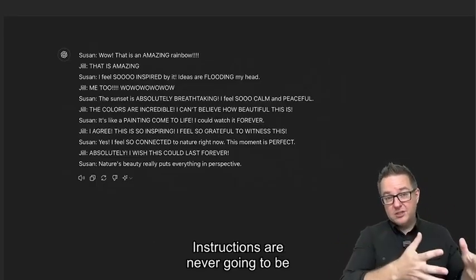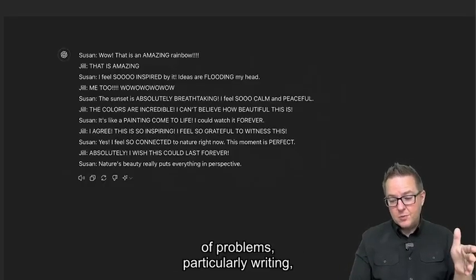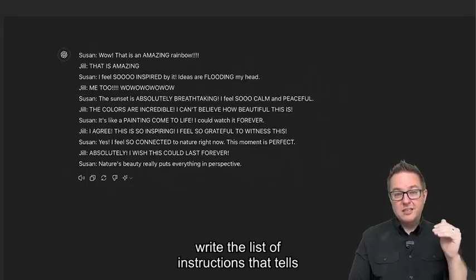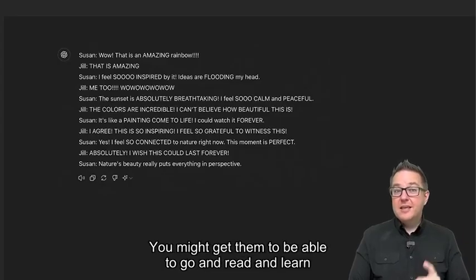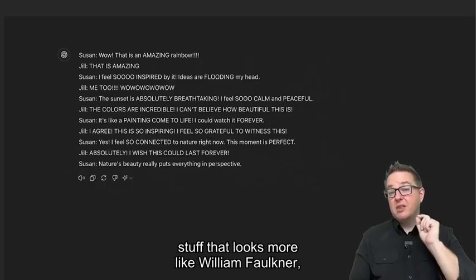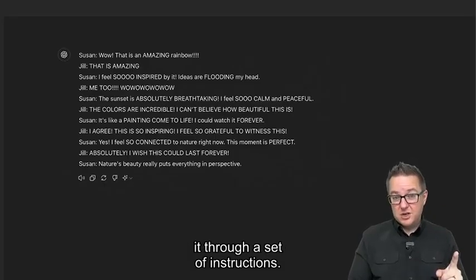And instructions are never going to be sufficient for many types of problems, particularly writing. You're not going to write the list of instructions that tells somebody who's never read William Faulkner how to write like William Faulkner. You might get them to go and read and learn from William Faulkner and write stuff that looks more like William Faulkner, but you're not going to be able to do it through a set of instructions.